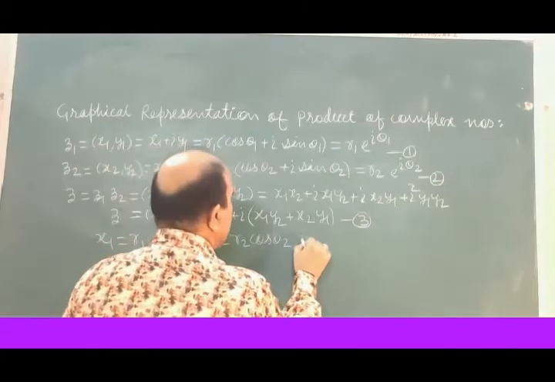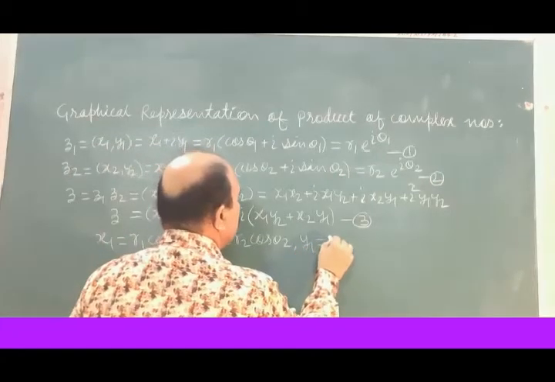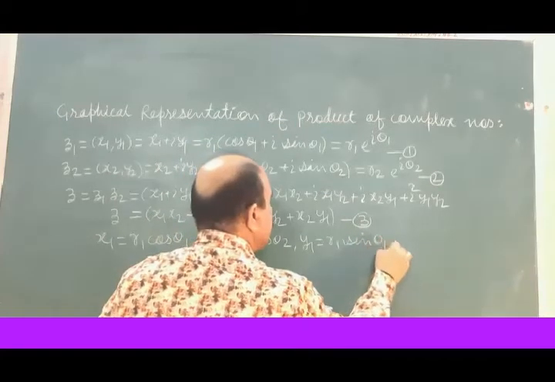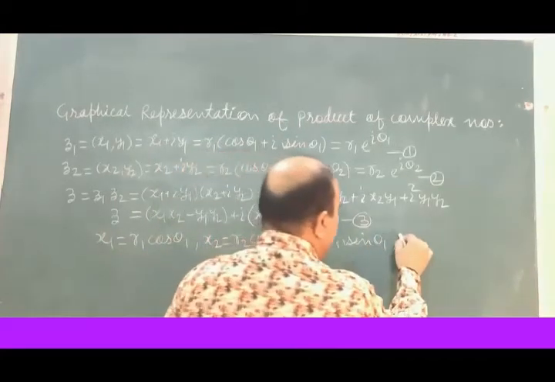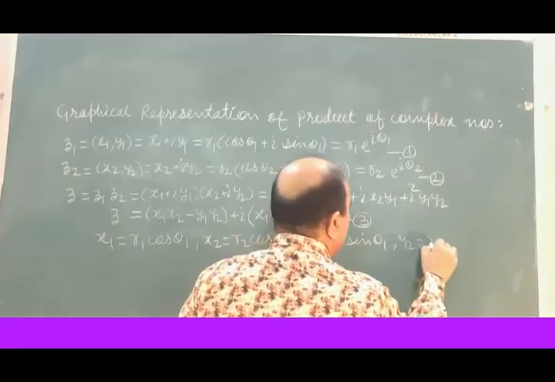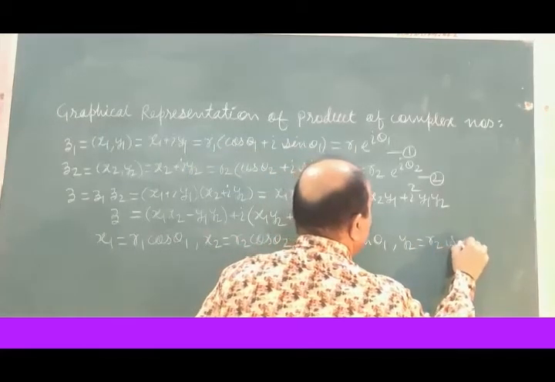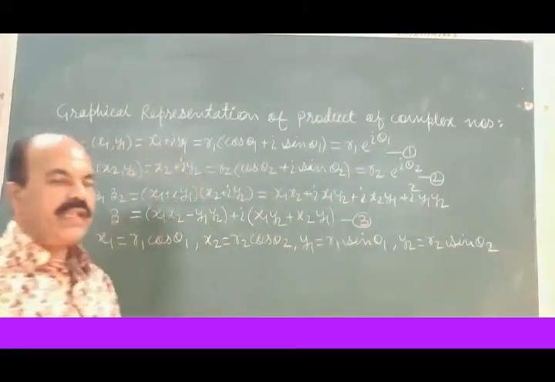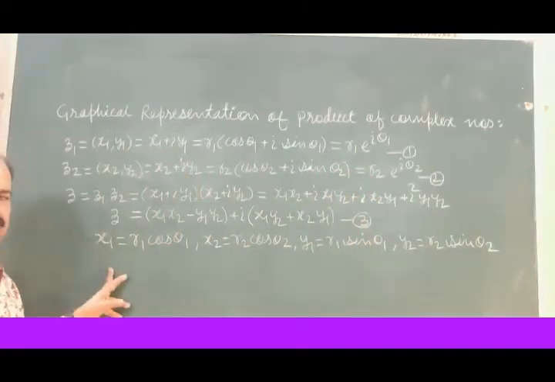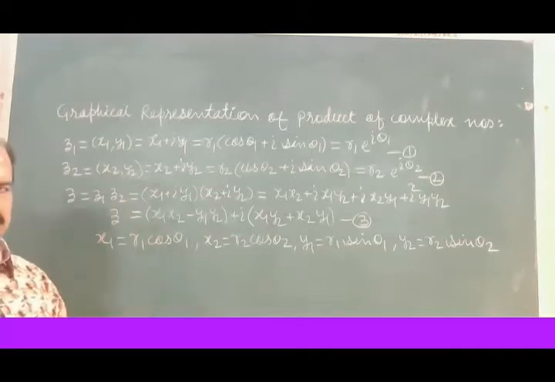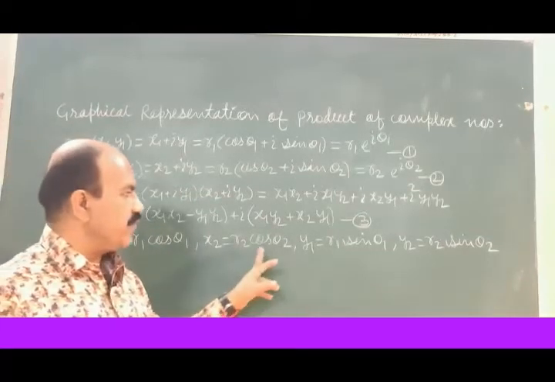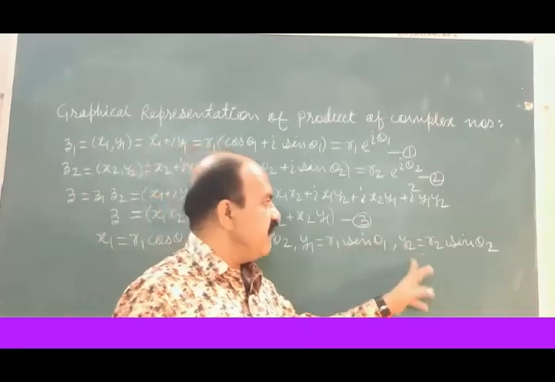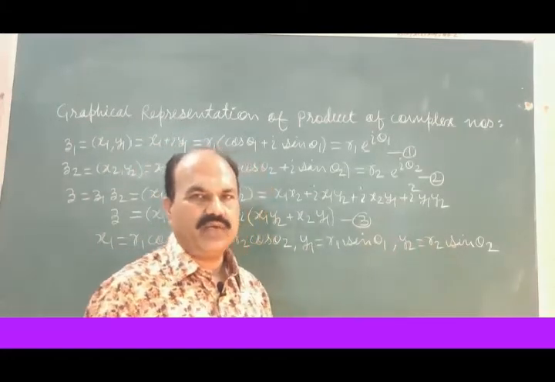What is y1 in polar form? r1 sin theta 1. y2 in polar form? r2 sin theta 2. In polar form, x1 is r1 cos theta 1, x2 is r2 cos theta 2, y1 is r1 sin theta 1, y2 is r2 sin theta 2.